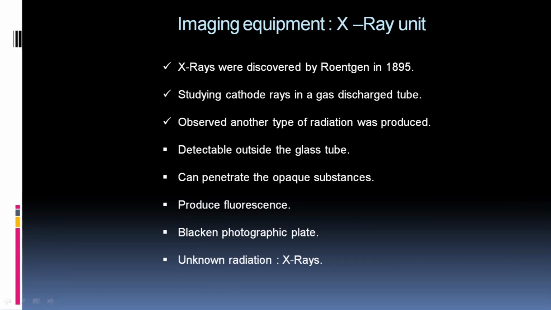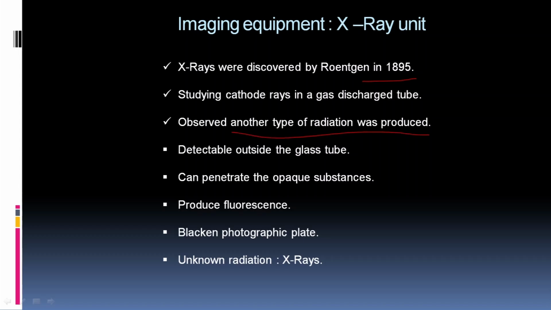Now imaging equipment. X-rays were discovered by Roentgen. We all know that in 1895, while studying the cathode ray in a gas discharge tube, he observed another type of radiation was produced.